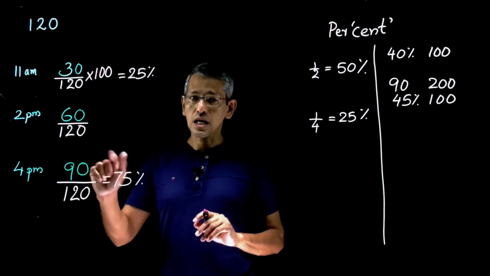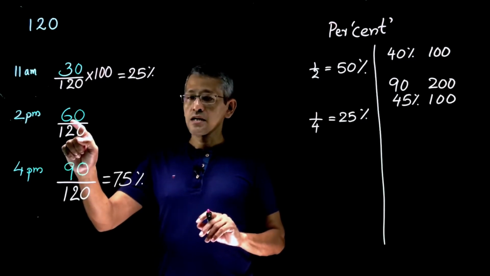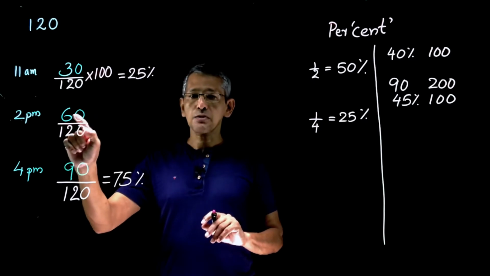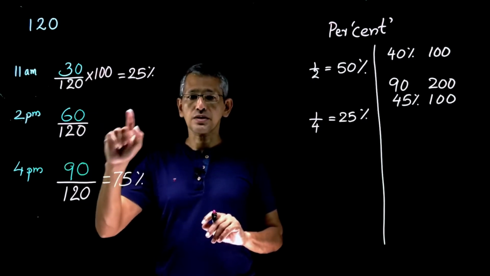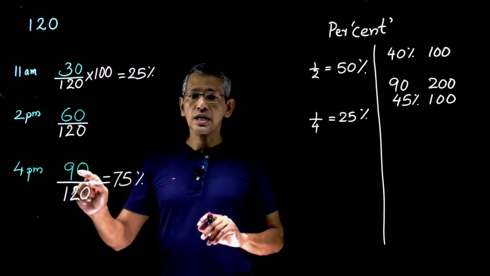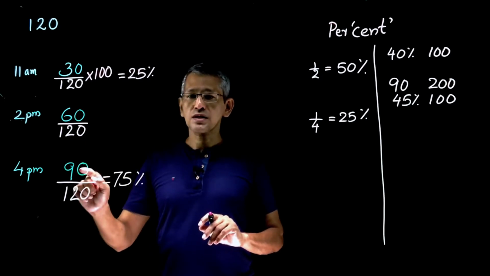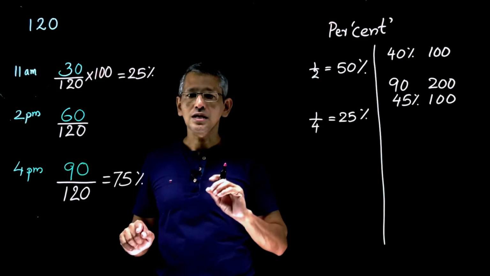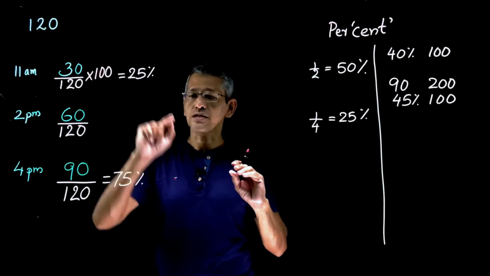Or there is another way of looking at it. See that 60 pieces sold means 50 percent. Now when we reach 90, what's the difference between 60 and 90? 30. Well, 30 means 25 percent, correct?